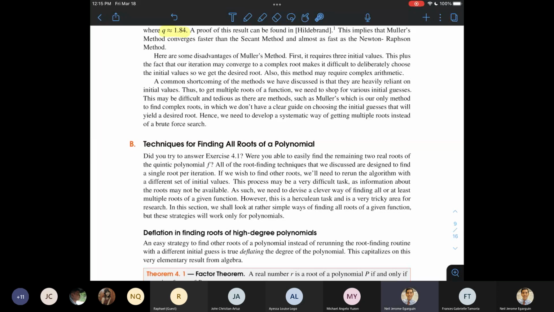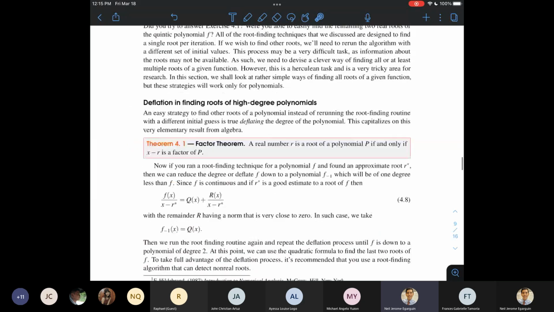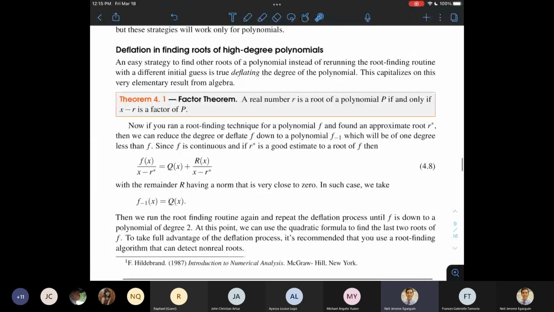Okay? Tapos, ano pa nga ba? Well, there's another theorem that I will recall to you, yung factor theorem. Okay? So may dalawang paraan tayong titingnan, pero they go hand in hand. Una, yung generic ay yung deflation method. Okay? Tapos pangalawa yung Bairstow's method na i-couple natin with deflation. Okay?